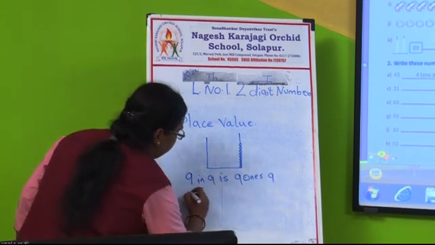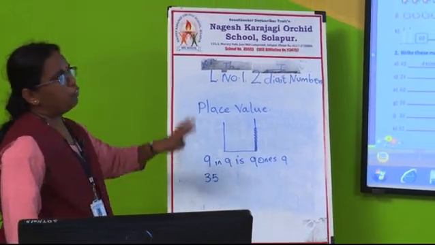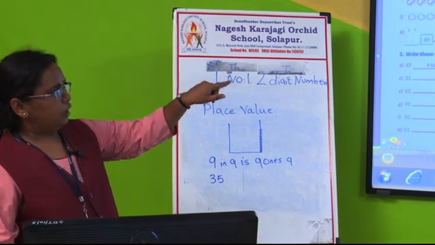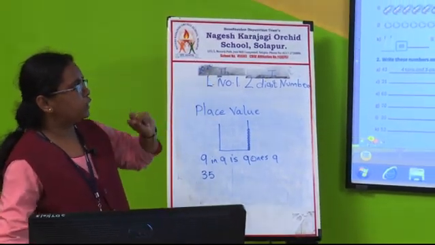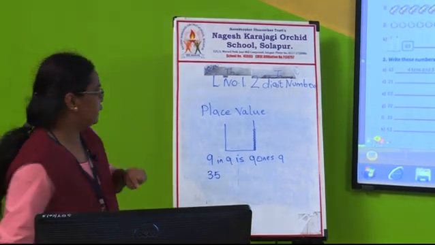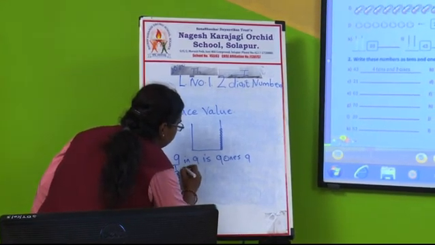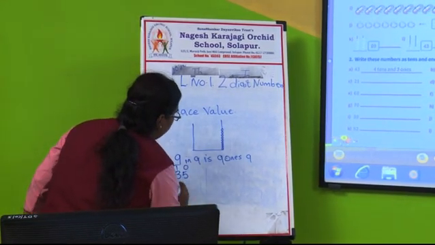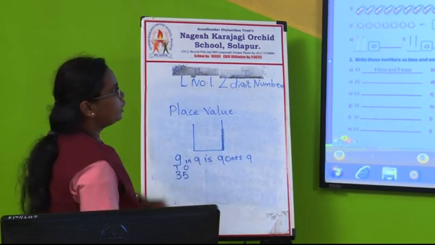Now in 35, how will you show the place value? We know that 35 is 3 tens and 5 ones. So the 3 in 35 is 3 tens. We know this is tens and this is ones. 3 is tens and 5 is ones.